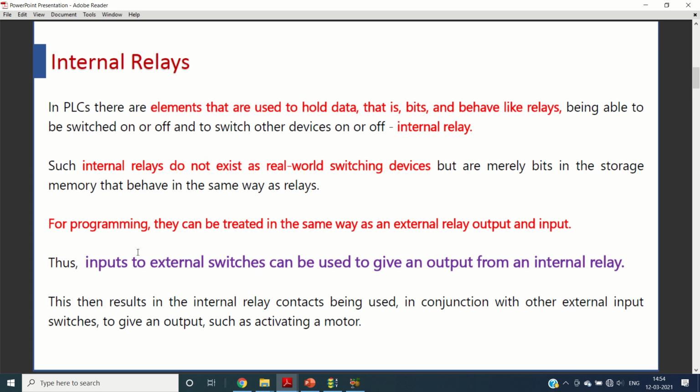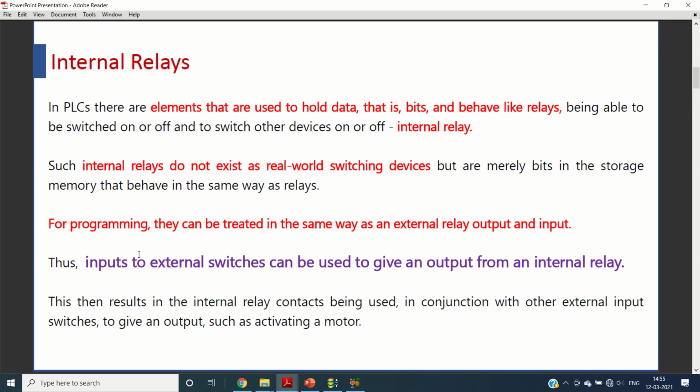Now you see this line is very important: inputs from external switches can be used to give an output from an internal relay. Now this can be further applied towards using the internal relay contacts in conjunction with other external inputs to give an output. So you have one external switch. This switch can be used to activate an internal relay.